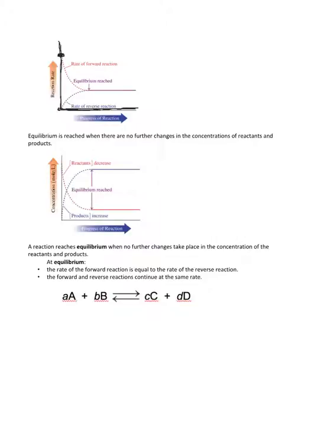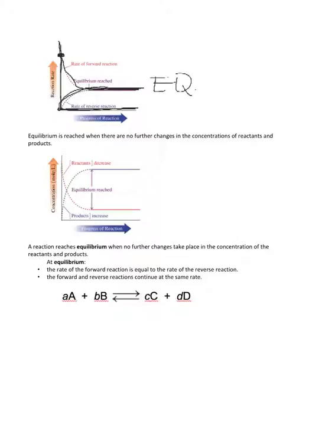As time goes on, the amount of your products decreases. And as time goes on in the beginning, the amount of your reactants decreases. The amount of your products begins to increase as you make them. At some point, the amounts level off. When the concentrations level off and you get this flat line, this is your equilibrium.